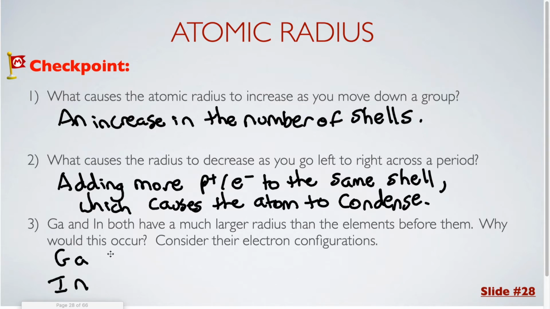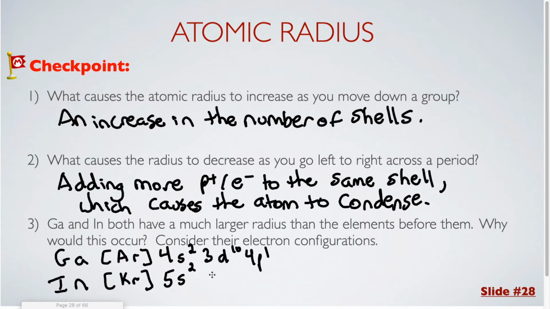So for gallium, the noble gas that comes before it is argon, and the configuration that would come after argon is 4s2, 3d10, and then 4p1. For In, we have Kr, which is krypton, and then after krypton, you would have a configuration of 5s2, 4d10, and 5p1.